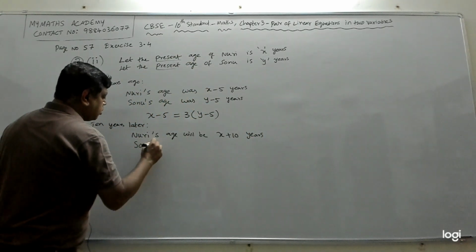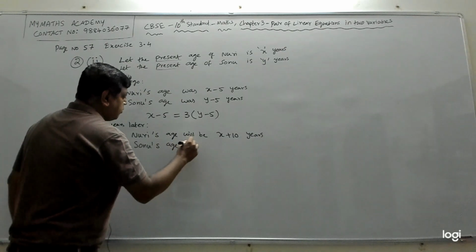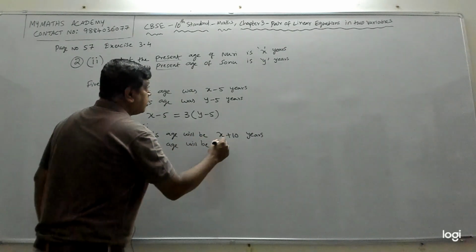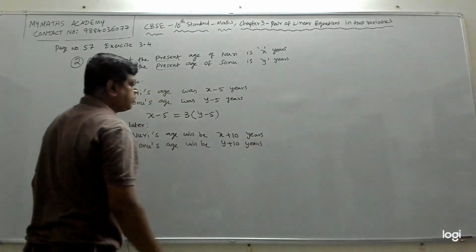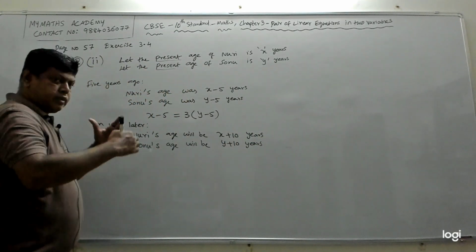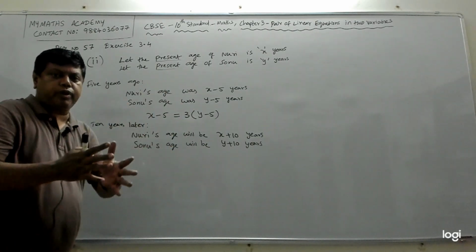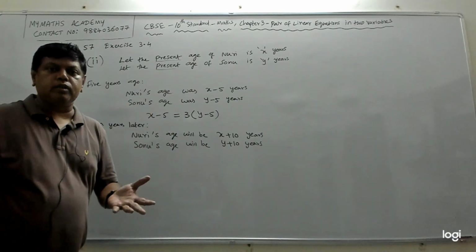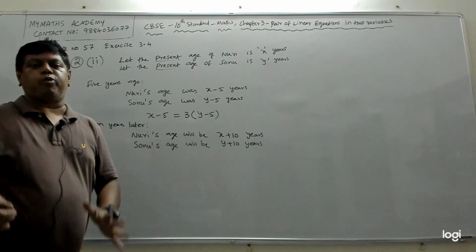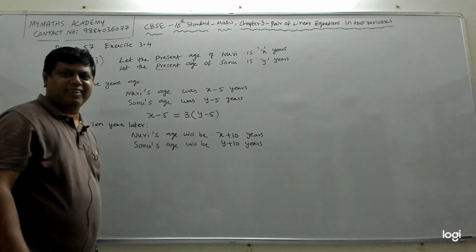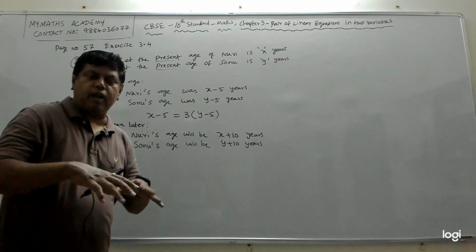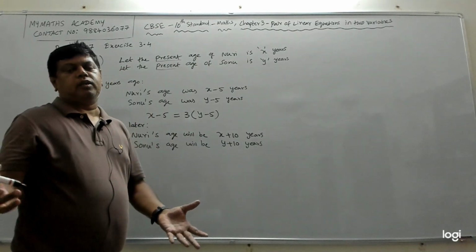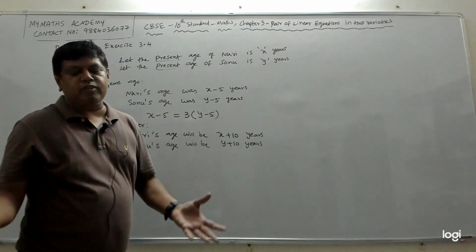Sonu's age will be y plus 10 years. After 10 years, their ages increase by 10. If your age is 14, after 10 years it will be 14 plus 10, which is 24. Here, suppose your age is x; after 10 years it will be x plus 10. If your age is y, after 10 years it will be y plus 10.